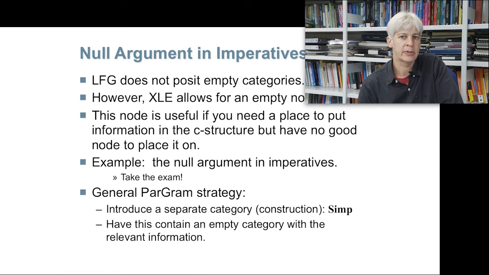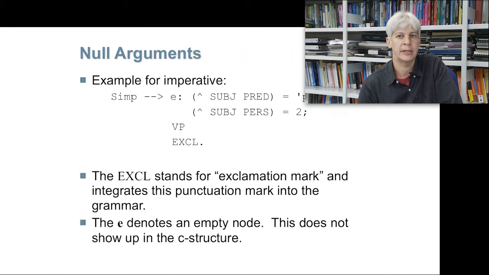After considering several different ways, the general ParGram strategy has evolved to be to introduce a separate category SIMP, standing for S imperative, as one of the kinds of sentences we allow. And then within SIMP, we posit an empty category that has the information about the subject. This is by far the easiest way to go about it. You can do it in different ways.